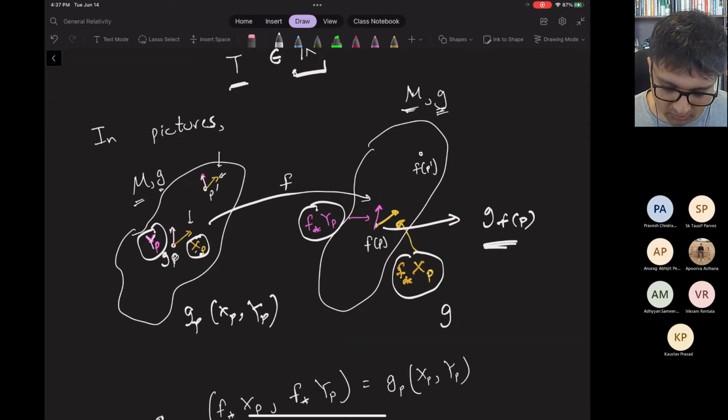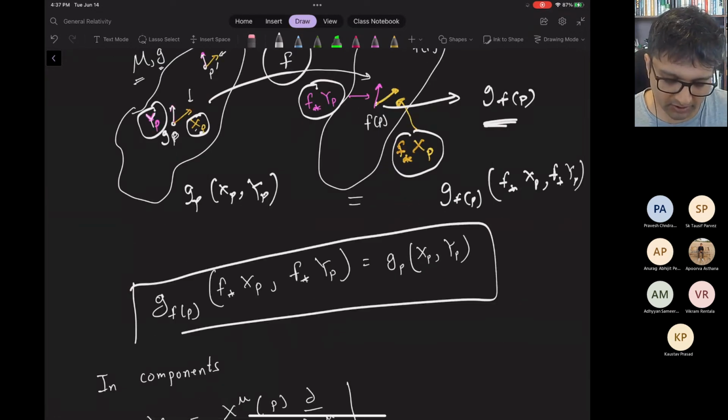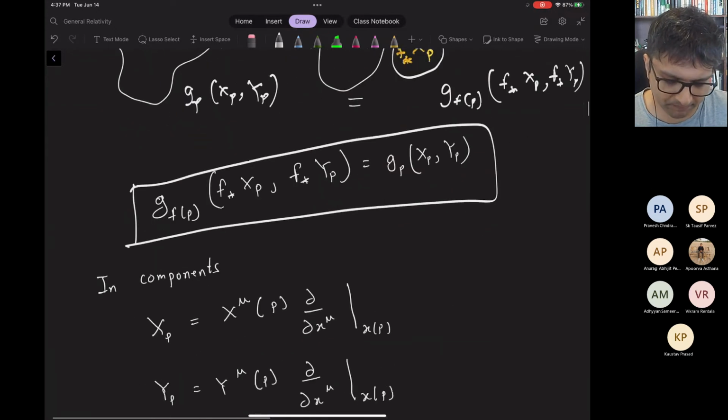Or we can construct this quantity, that is G_F(P) of F star X_P, F star Y_P. And if these two are the same, then we'll say that the map F is an isometry. That is, if this equation is satisfied, F is an isometry.